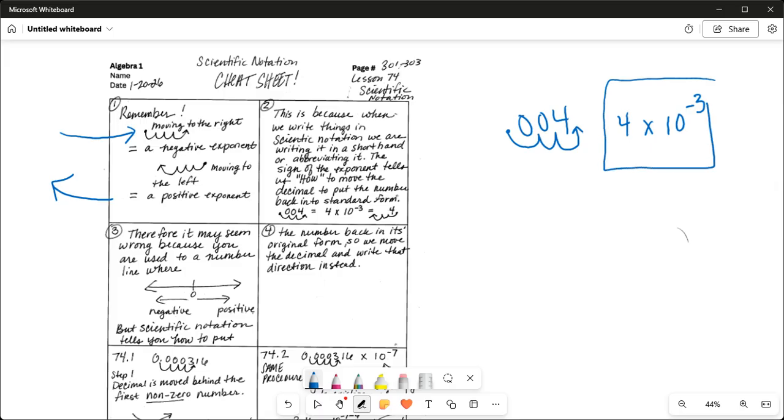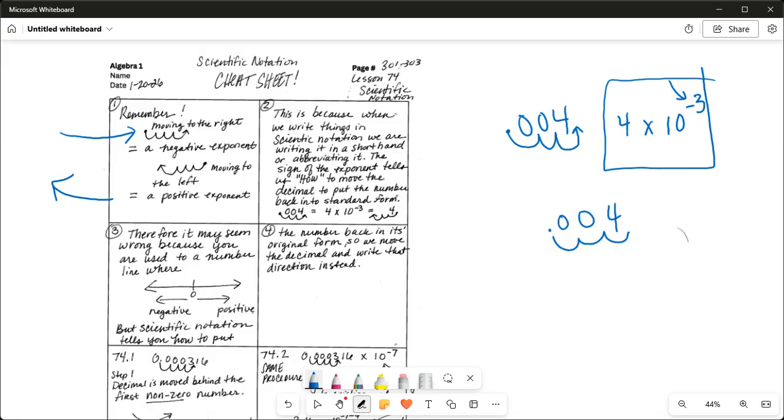If I was taking this expression, the scientific notation, and I was putting it back into standard form, this exponent's telling me that I'm going to move the decimal 3 places to the left in order to get it back to the original number. So 4, and then I'm going 1, 2, 3, and my original number is going to be 4 1,000ths.